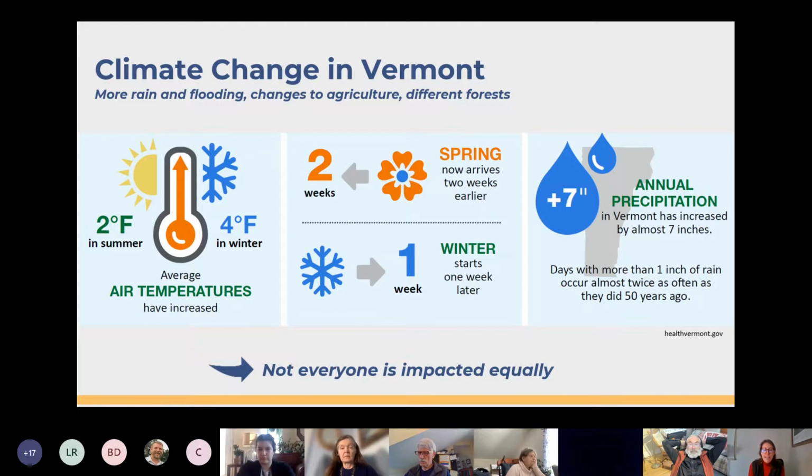Climate change, as many of you all know, is having impacts across Vermont. Our summers and winters are getting warmer, precipitation is increasing, and the days of intense rainfall that we're seeing has doubled over the past 50 years. We also know that impacts from climate change are not felt evenly across Vermont, and that is a key thing to think about as you all in your communities consider taking climate action.